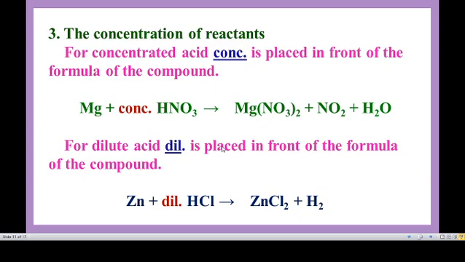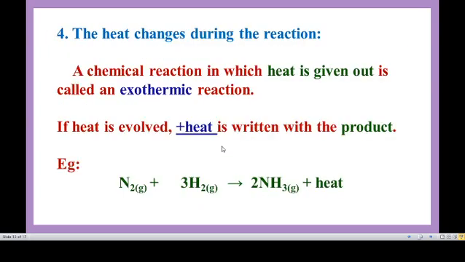Okay, so the concentration of the reactant should be indicated, and the heat changes during the reaction will also be mentioned. A chemical reaction in which heat is given out is called an exothermic reaction. So heat is given out, therefore it is indicated by plus heat, and it should be written on the product side.